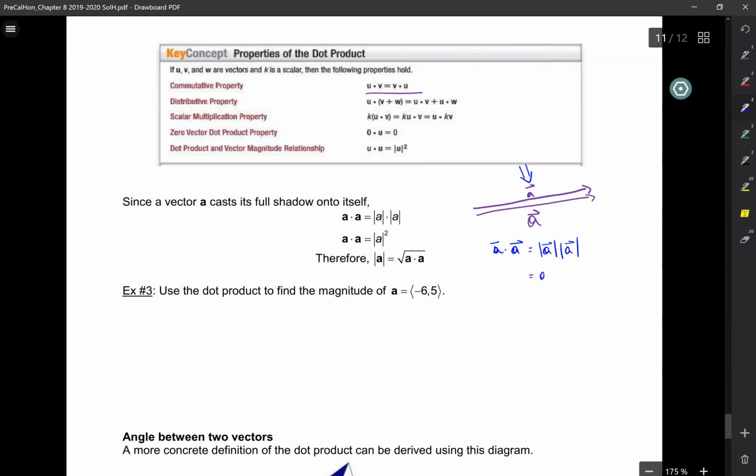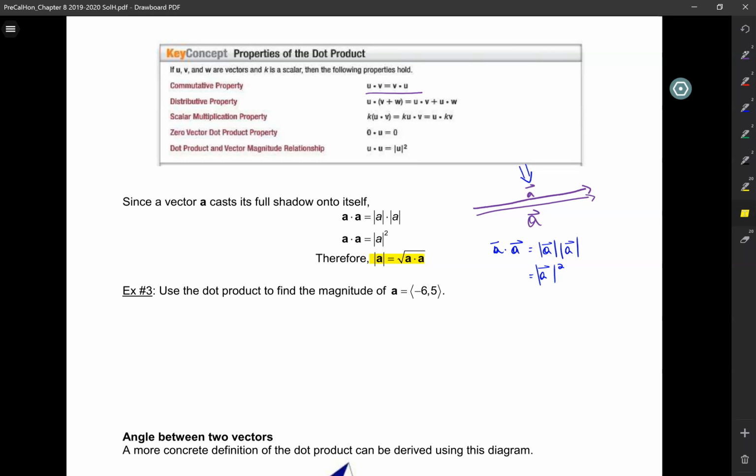So it's A squared. It means I can take the dot product of a vector with itself, and if I take the square root of that, that's the magnitude of vector A.